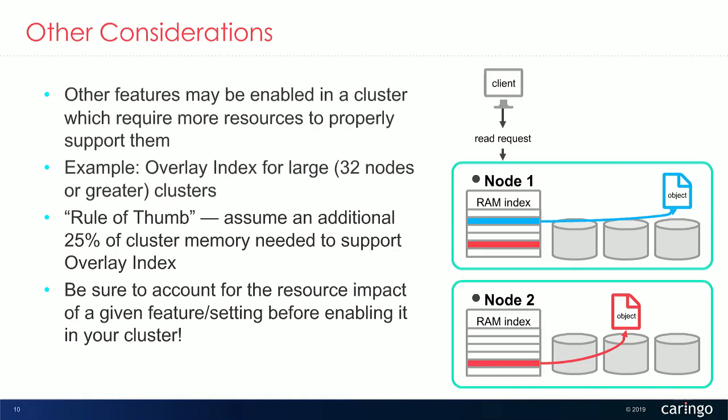And if you're not entirely sure what the resource impact would be, it's always a good idea, of course, to contact Caringo support, and we can help you out with that exercise. And we also do a very good job of documenting these rules of thumb for certain features in our documentation. Some things have very little impact. Some things like the overlay index have a very large impact. So it's always good to bear that in mind when you're turning things on and off.